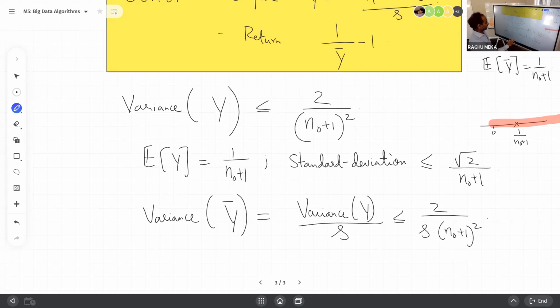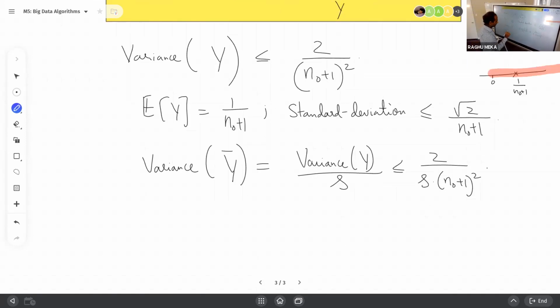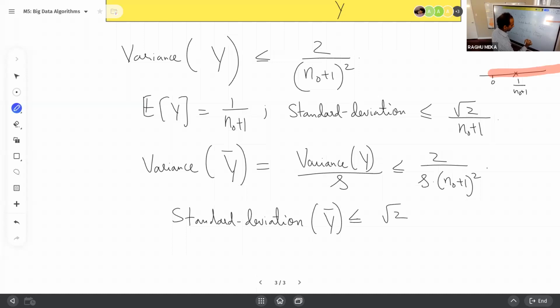So now we are doing better, right? Now the standard deviation of y bar is at most this. So we improved the standard deviation.